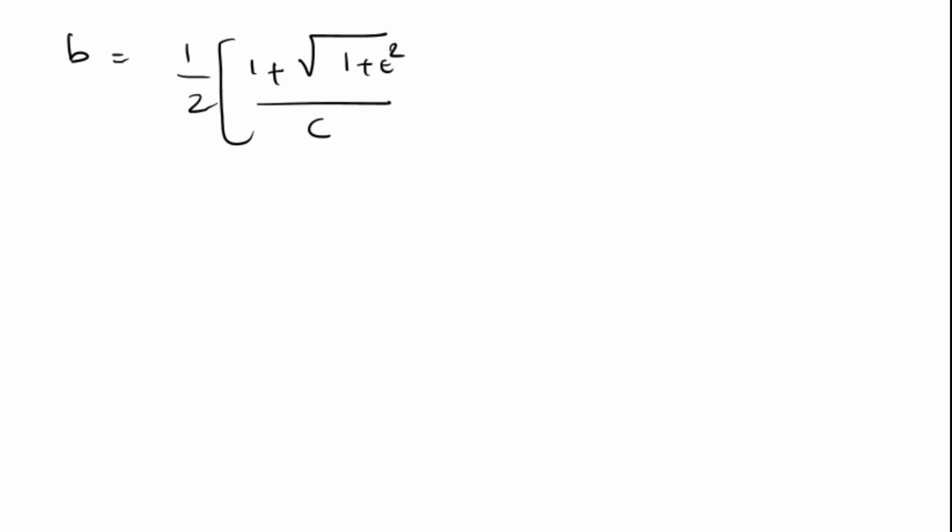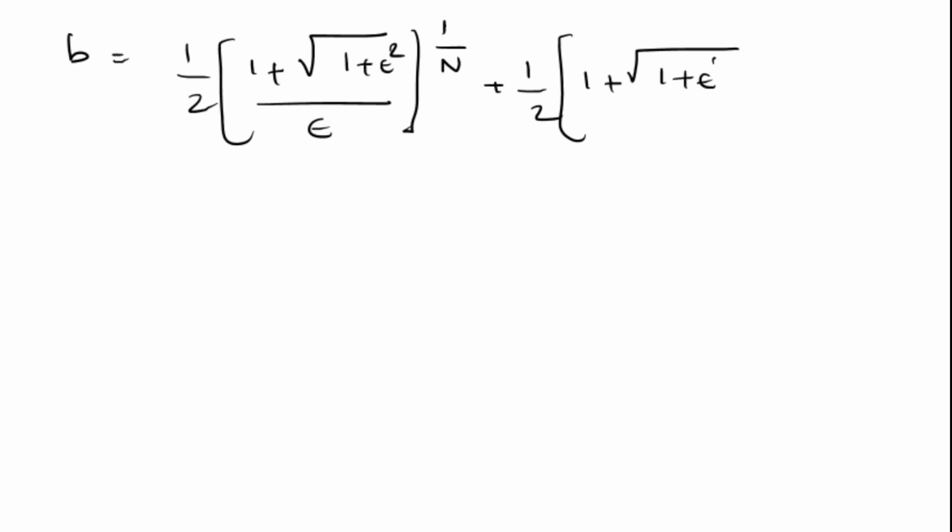Then B is equal to half into [1 plus root of 1 plus epsilon square divided by epsilon] to the power half to the power 1 by n plus half into [1 plus root of 1 plus epsilon square divided by epsilon] to the power 1 minus 1 by n, which is equal to 1.099.